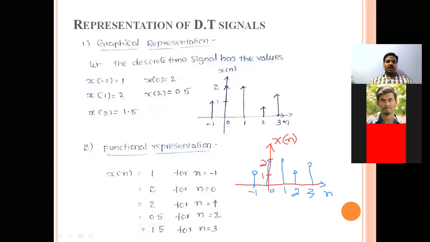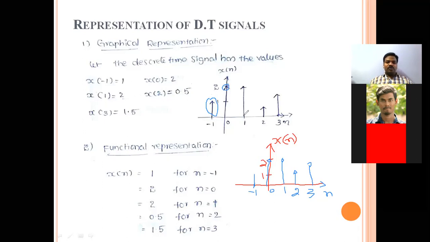Now see here, let the discrete time signal have the values x of -1 is equal to 1. That means at n is equal to -1, the signal x of n has magnitude 1. At x of 0 is equal to 2, that means at n is equal to 0, the signal has magnitude 2.